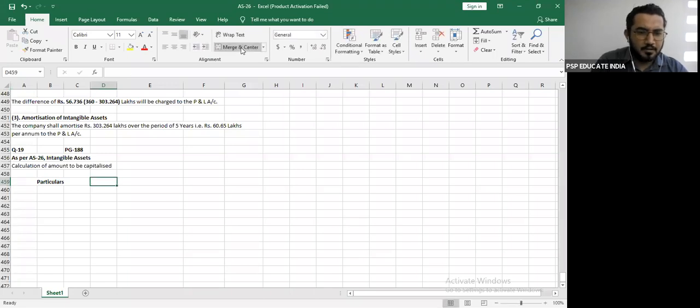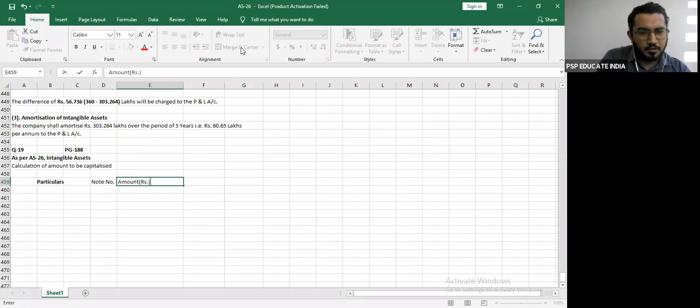Prepare your format. You will have note number, amount in rupees.